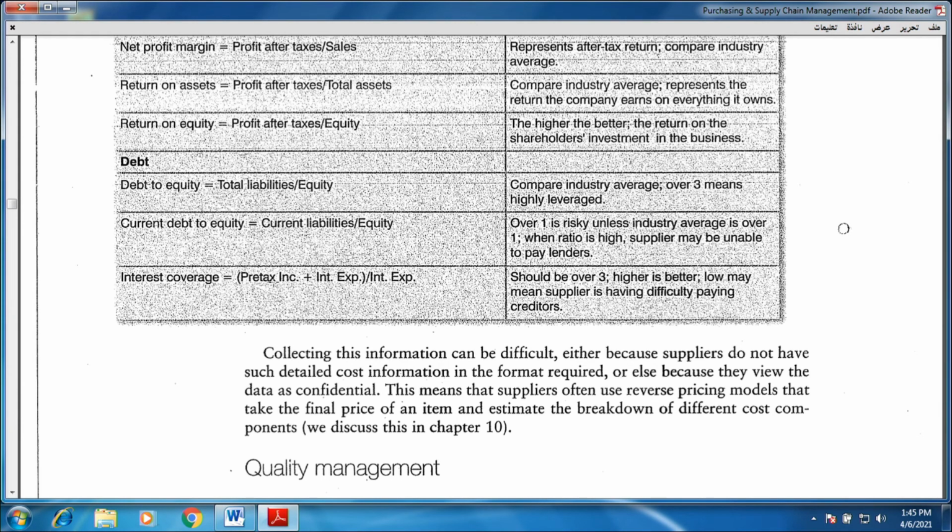So we have pre-tax income plus interest expenses, divided by interest expenses. It shows how many times the income covers the interest we pay for the borrowed money.